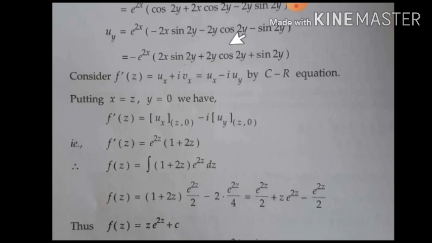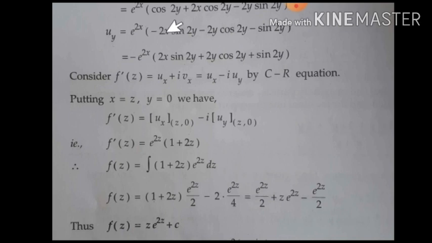So in this way we need to obtain the analytic function f of z if any one part of the function is given. Here I have taken an example where u is given, or in a problem v, the imaginary part, may be given.